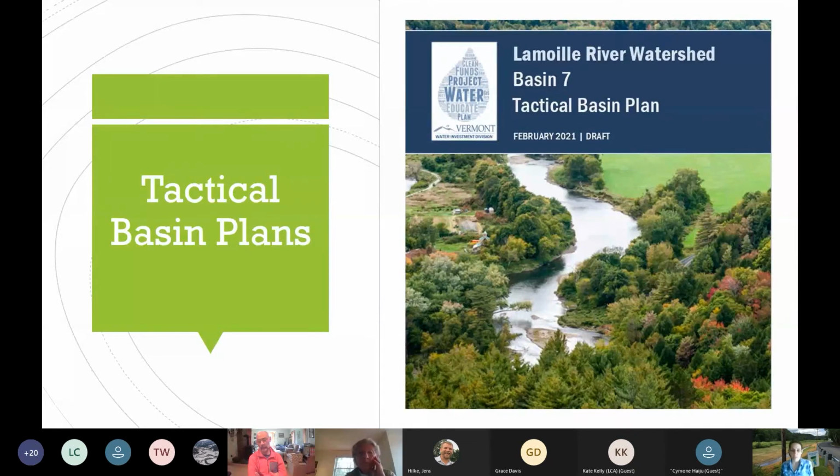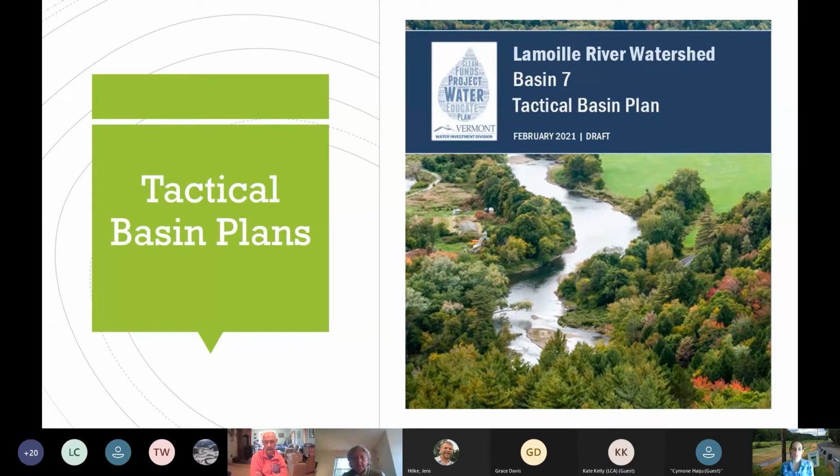Tactical basin plans are strategic guidebooks for achieving watershed health. They identify surface waters that are in need of restoration and protection, and they outline a list of actions to achieve water quality goals. The plans also identify the partners and funding critical to implementing the actions.